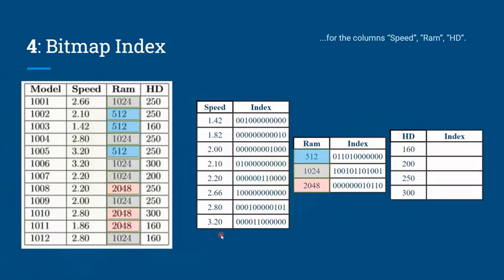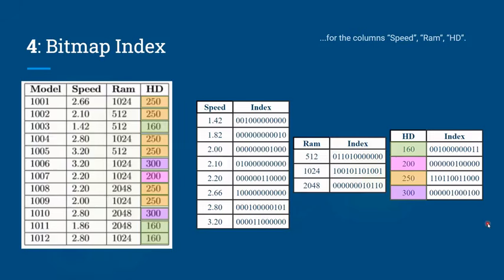And same for 2048. We would count just the ones that have 2048 as ones and the rest are zeros. And finally with HD, we'd be having for 160, for example, 0, 0, 1, 0, 0, 0, 0, 0, 0, 0, 1, 1. And 200 would be all zeros except for this one, and so on.